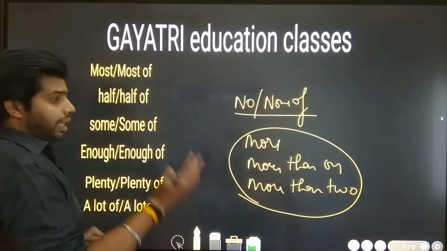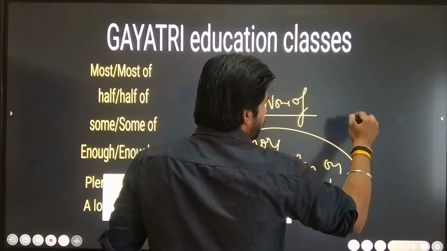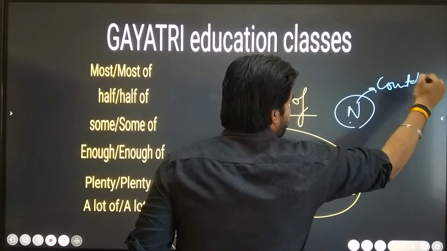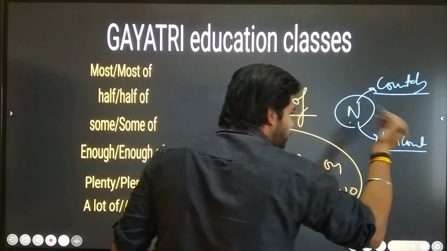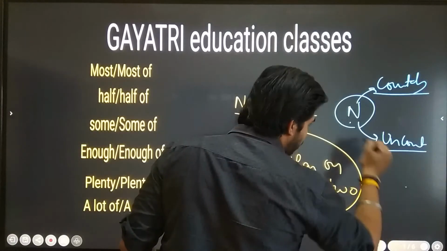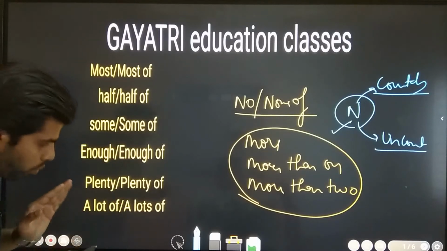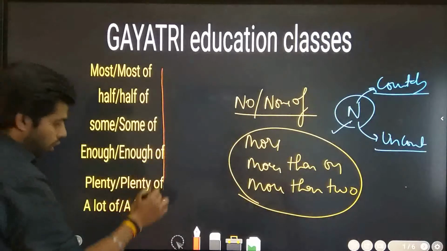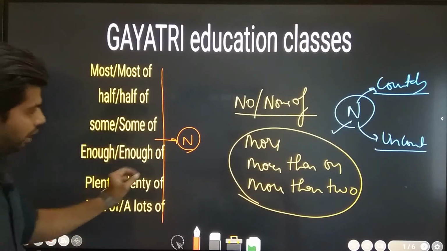Okay guys, in the same video I also made you understand that noun is of two types. One is countable and another one is uncountable. I have discussed all these things in the previous video in a very clear manner. So you just have to click the link and watch that video first, so that you can understand these things also. Because all these words take a noun after them.